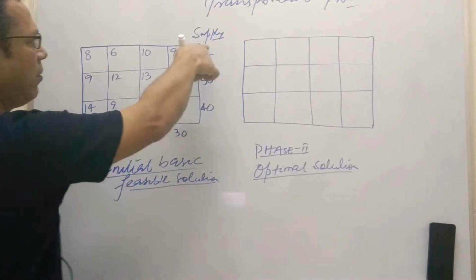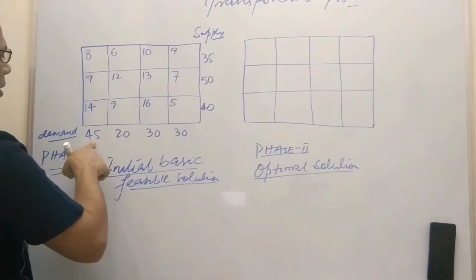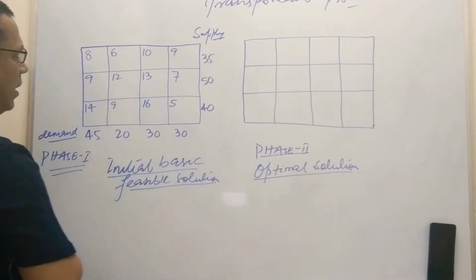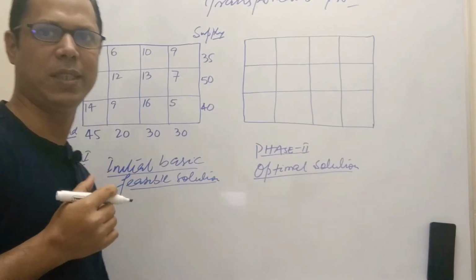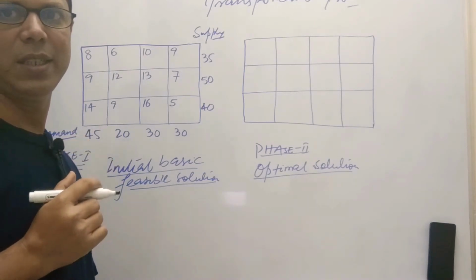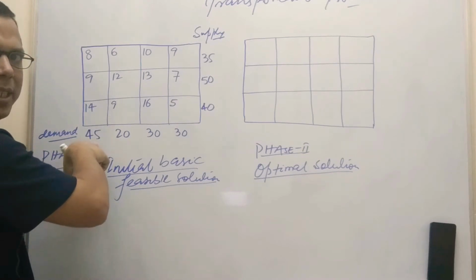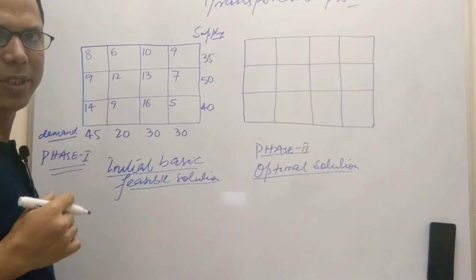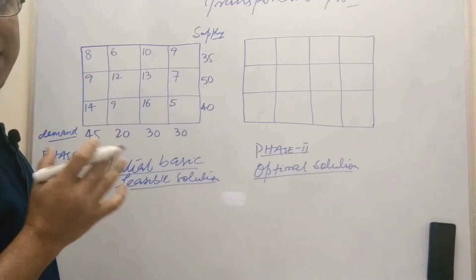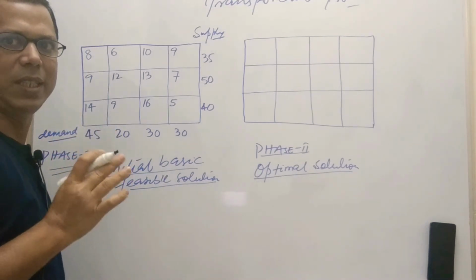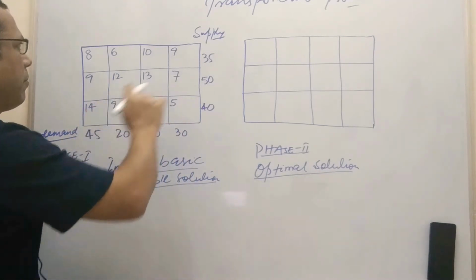In supply points I have written 35, 50 and 40, and in demand points 45, 20, 30 and 30. Sometimes we call it a set of sources, set of destinations, and sometimes we call demand a requirement, set of requirements. Whatever words you use, simple words like demands, requirements, destinations, points, all these things are the same.